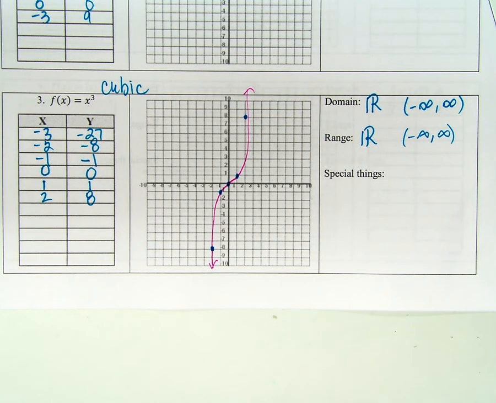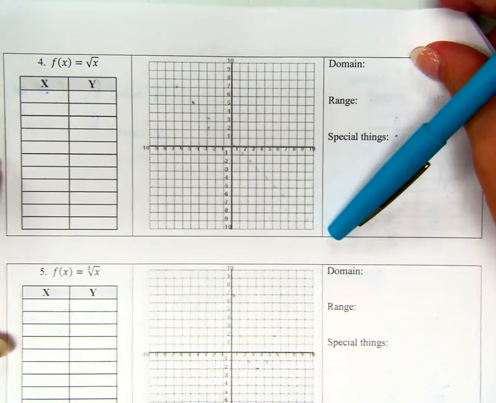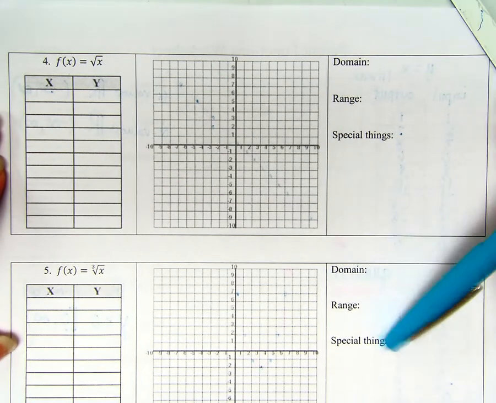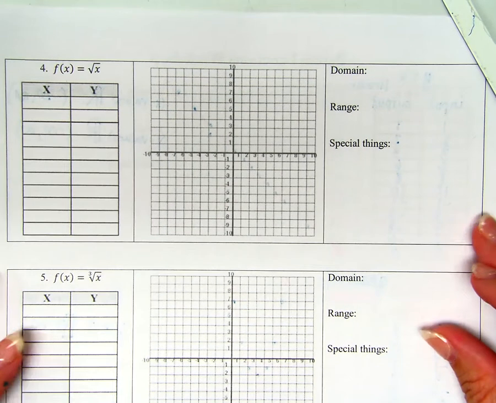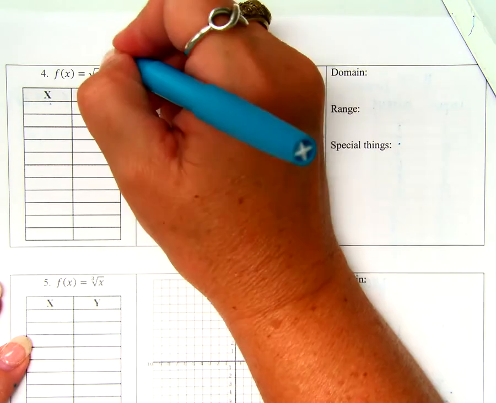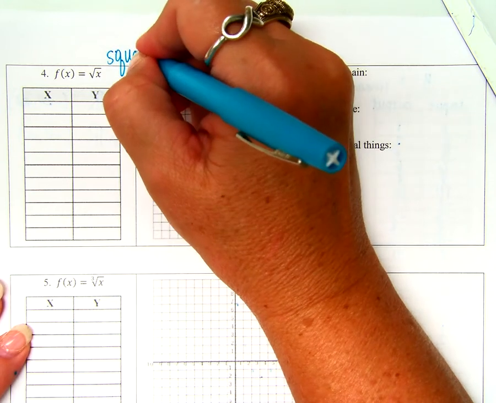Okay so far? Look at number 4. What's this one called? Now, if you say square root function to me, I'm going to know exactly what it's called. Right? Exactly what you're talking about.